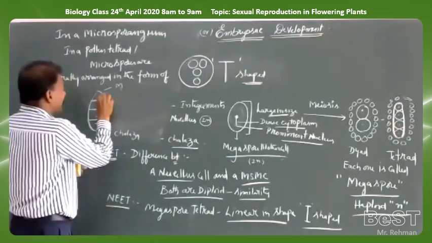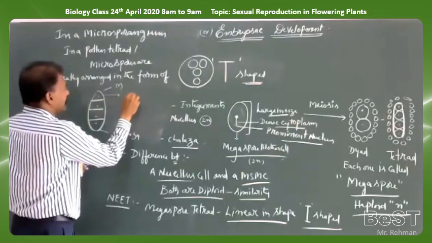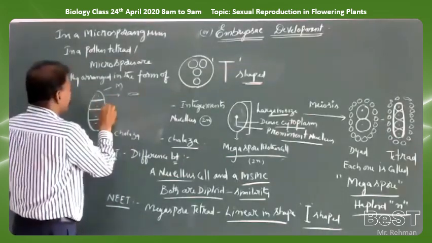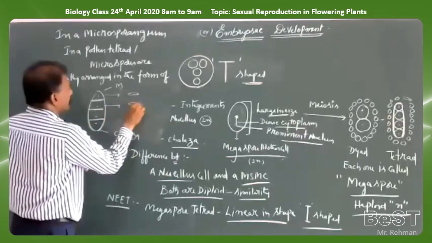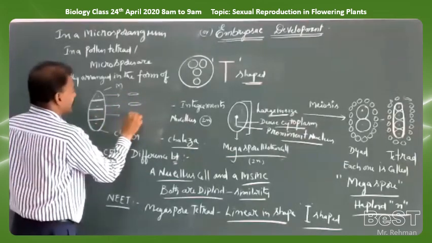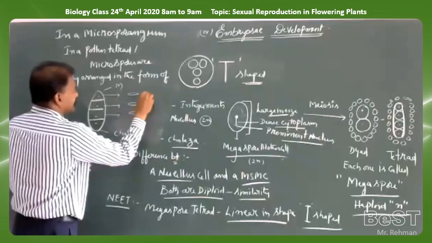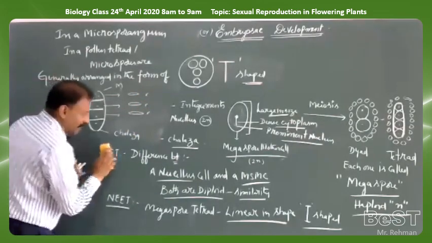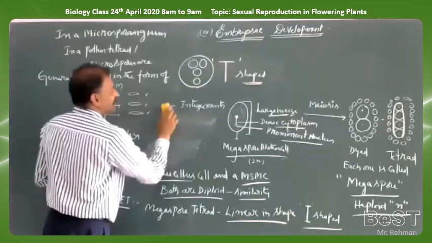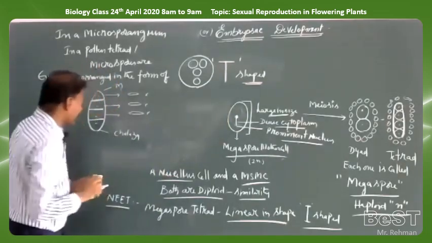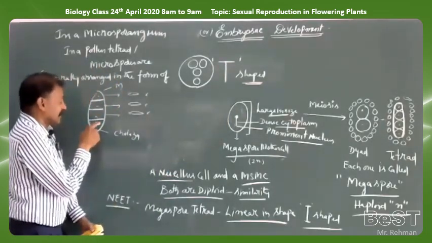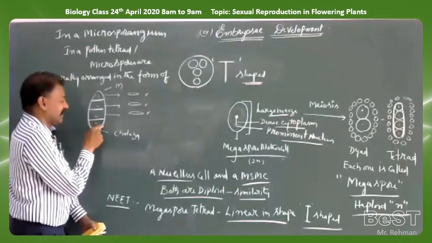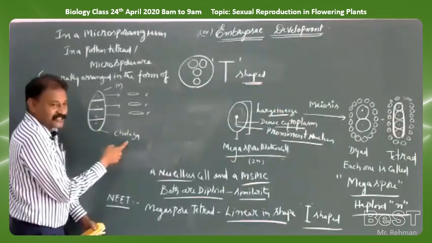So the upper 3 degenerate. The lower one, that is the functional megaspore, remains functional, which is present towards the chalaza.